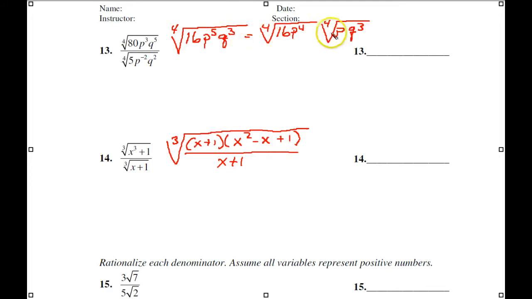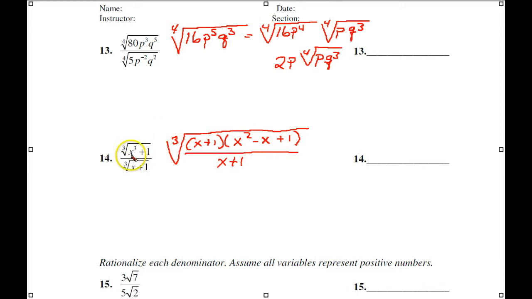I'm now going to use the technique of putting them into perfect fourths, 16 and p to the 4th with a p left over, q to the 3rd. This then becomes 2p, the 4th root of p q to the 3rd.